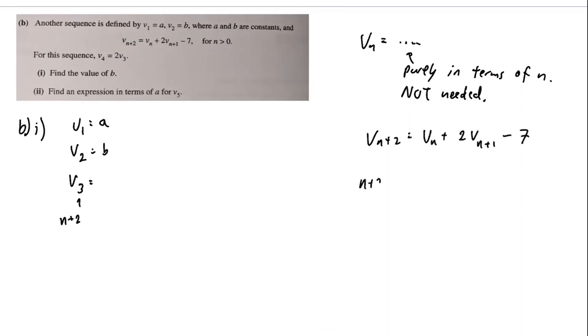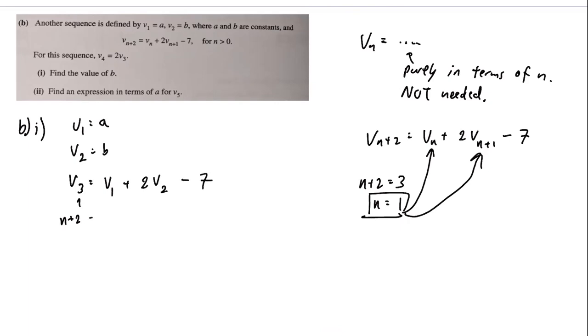If n plus 2 is 3, that means that n equals 1. So we can use n equal to 1, sub in here, sub in there, which means we will end up with v3 equals v1 plus 2 times v2, minus 7. But wait, what's v1 and what's v2? It's a and it's b, so a plus 2b minus 7. Okay, that is your v3.